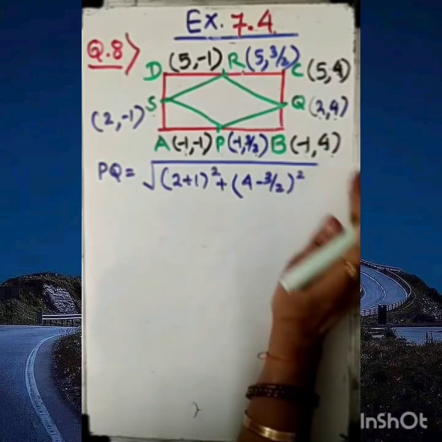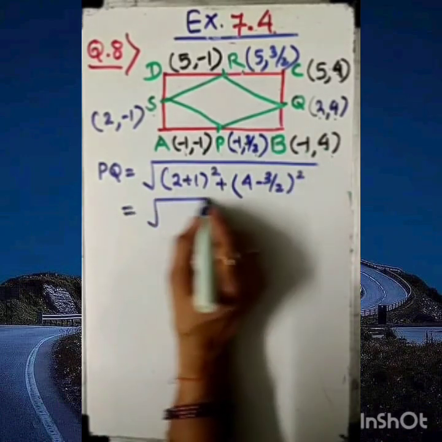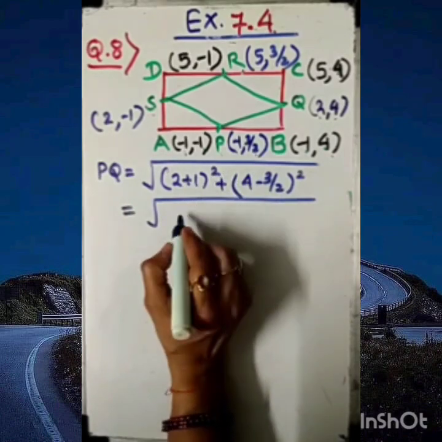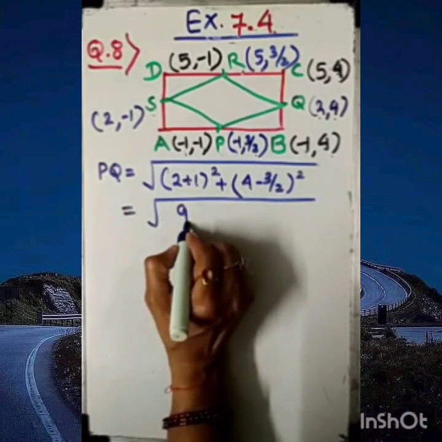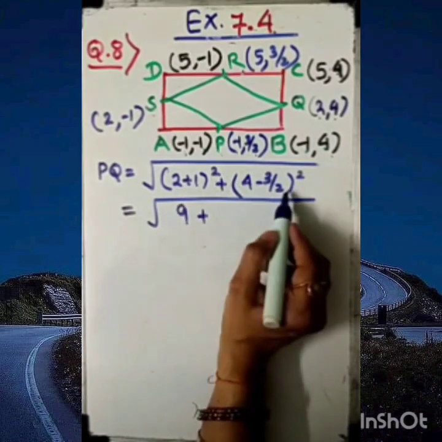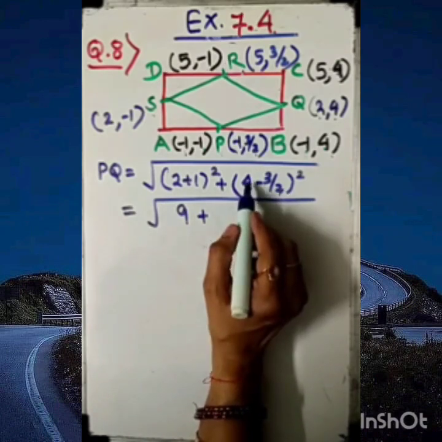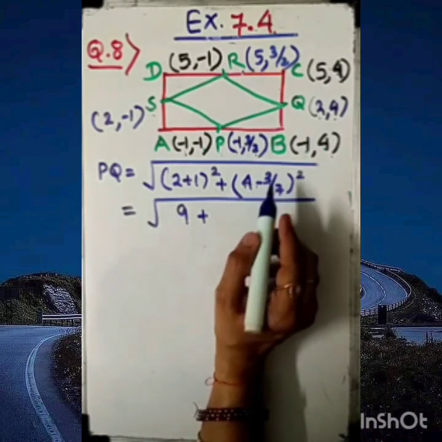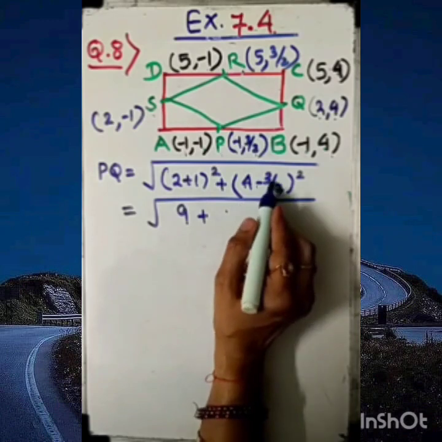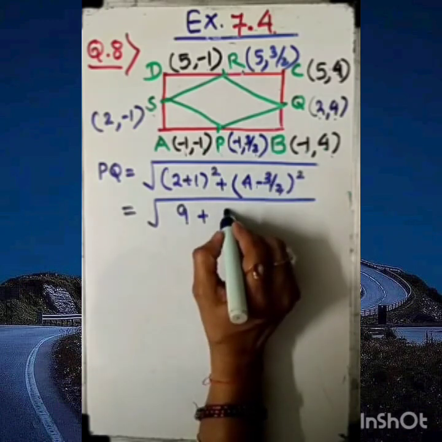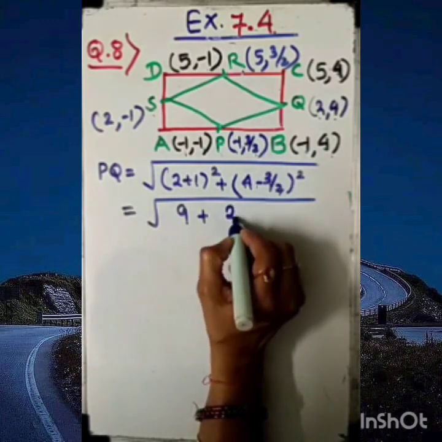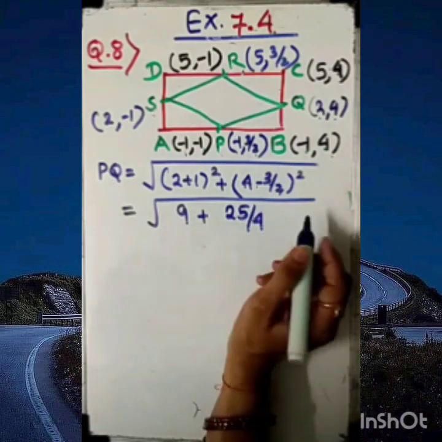Got it? So the simplification: 2 plus 1 is 3, 3 squared is 9, and 4 is 8 by 2, so 8 minus 3 is 5 by 2, and its square will be 25 by 4.